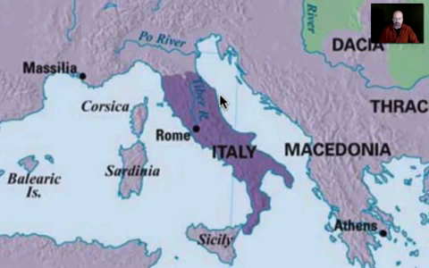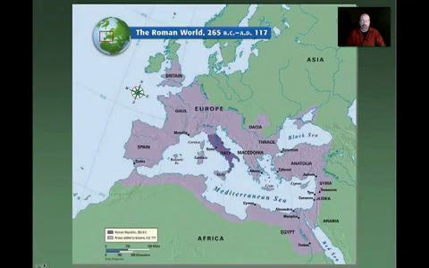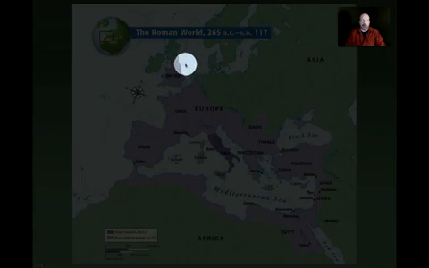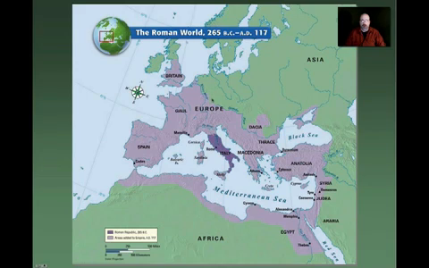The Roman Republic back in 265 was essentially the Italian peninsula, but as Rome became an empire, by about AD 117 it encompassed a larger area, which we would today call the Mediterranean world. Most of what we consider Western Europe, North Africa, and even parts of what we would call the Middle East today, Turkey, Egypt, places like Jerusalem, were all eventually incorporated into the Roman world.